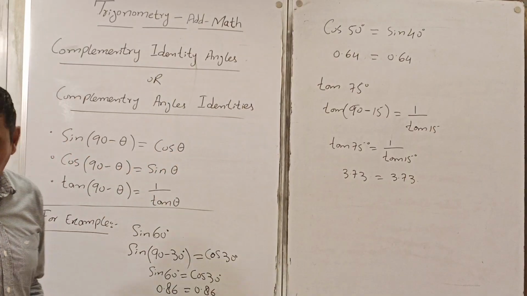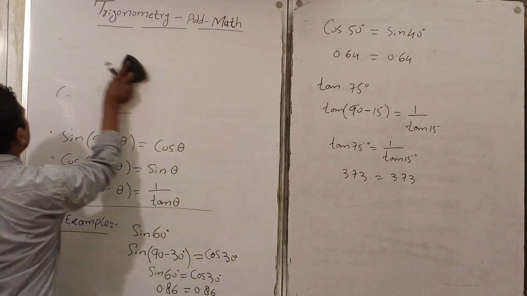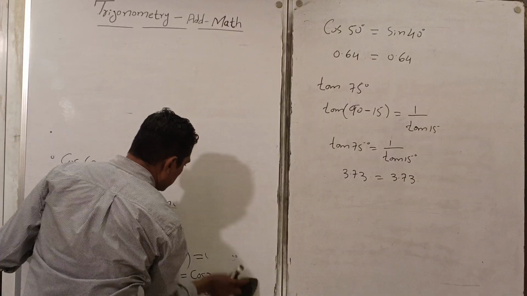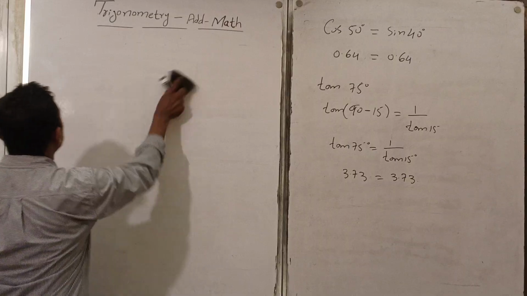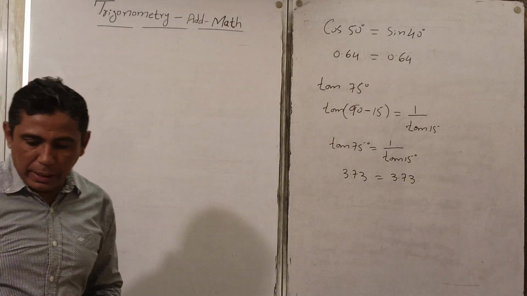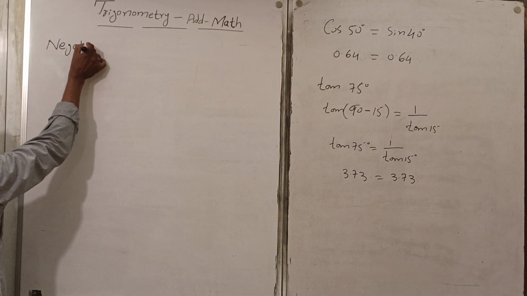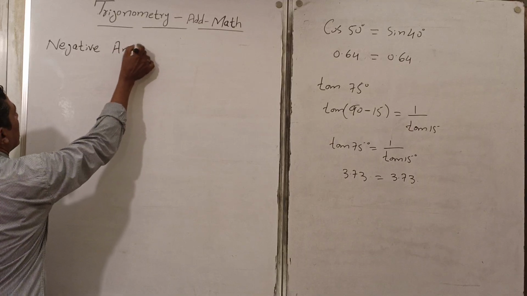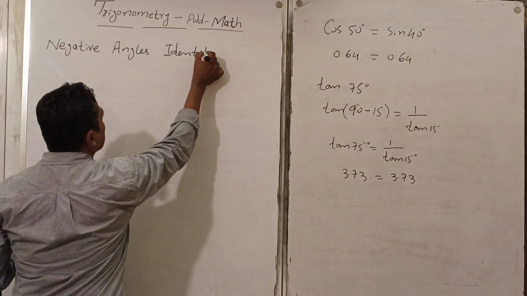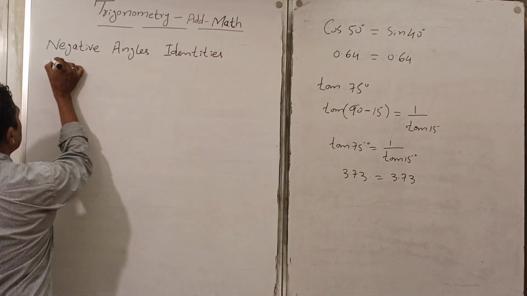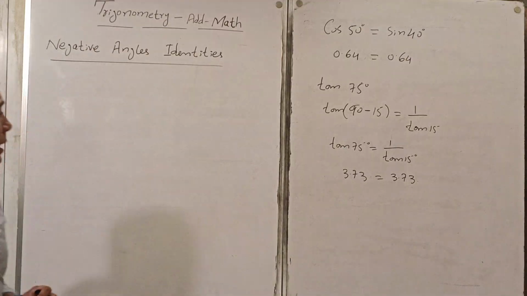Last, then we will move towards the past paper questions in the next video. What are the negative angle identities?